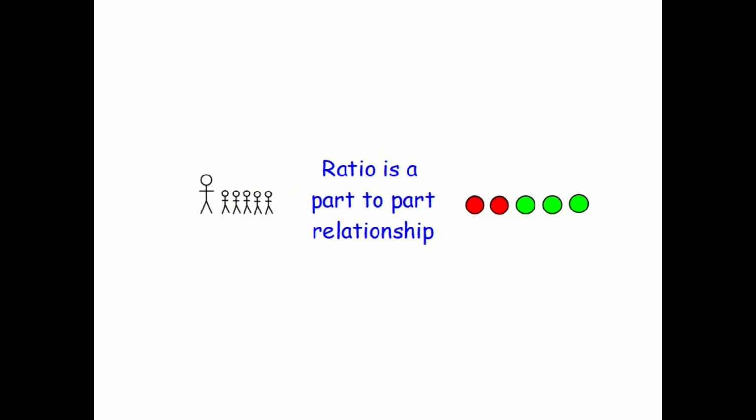Okay, so I covered in the first video that ratio is a part-to-part relationship. For example here, you have an adult, let's call it A for adult, and some children, let's say C for children. So the ratio of A to C is 1 to 5.